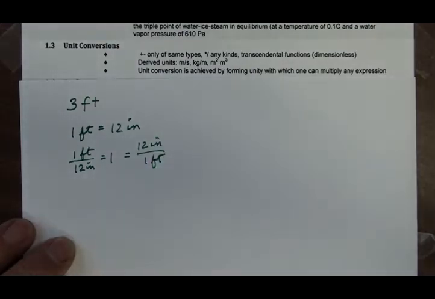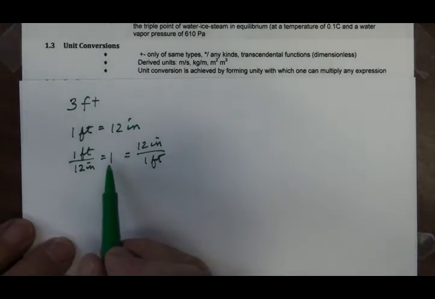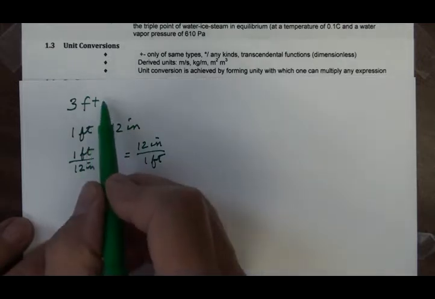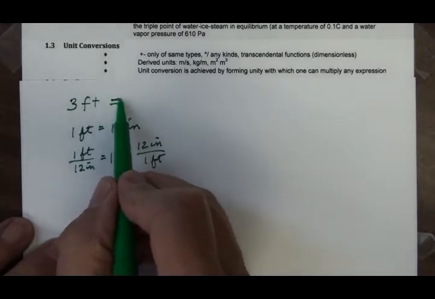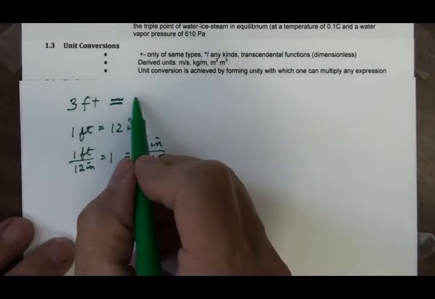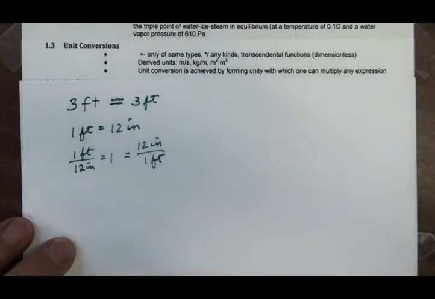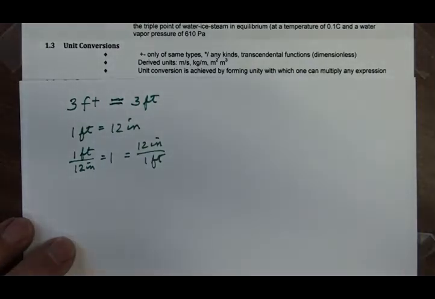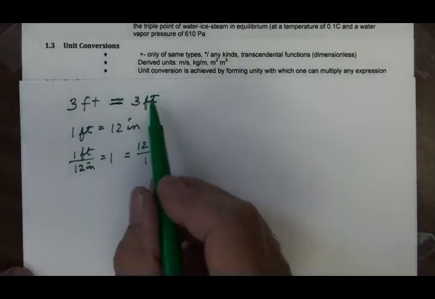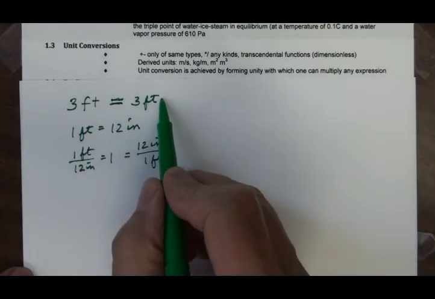Now since 1 is 1 and we can either multiply or divide by it any time, let's imagine that we're going to do multiplication. Let's imagine now we want to take our 3 feet, and the way we would proceed is we'd write 3 feet is equal to 3 feet. Okay, well that's an obvious identity, and so no one would argue with that. But we're going to take this 3 feet and multiply it by 1.